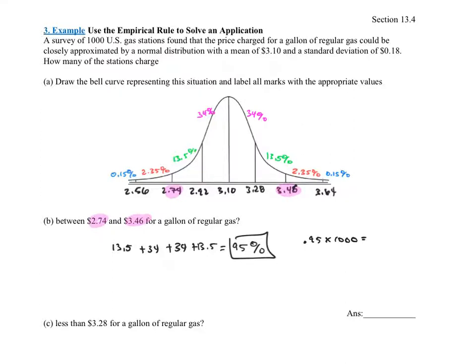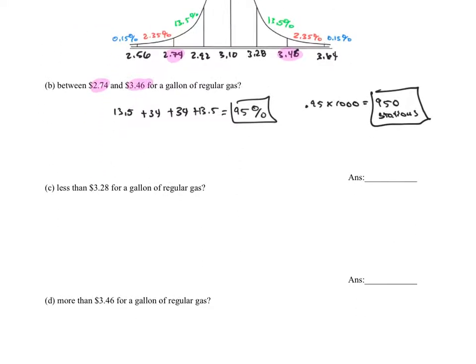And if you do 0.95 times 1,000, you end up with 950. So if they wanted the percentage, you would say 95%. If they wanted the quantity, you would say 950 stations. I'm not sure what they want in this one. I answered it with the percentage, but if they actually put a number, that's how you would get the number instead. It's not clear in the directions which one they wanted.